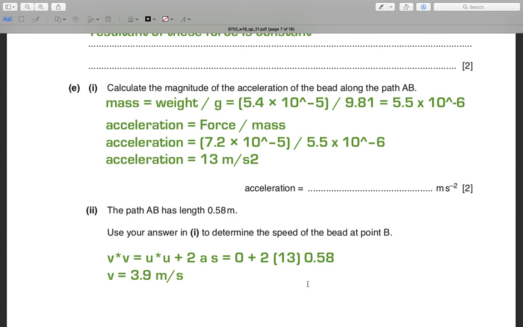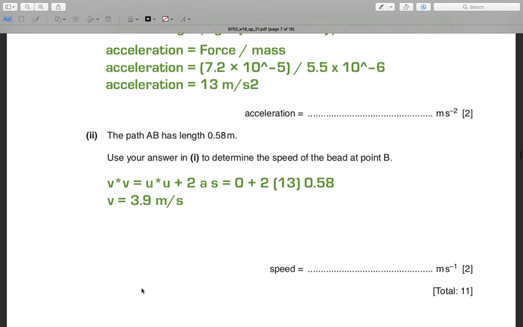The initial velocity starts from 0, the acceleration is 13 meters per second squared, and the path AB has length 0.58 meter. We take the root of this number and get 3.9 meters per second. Okay, done for this number two.